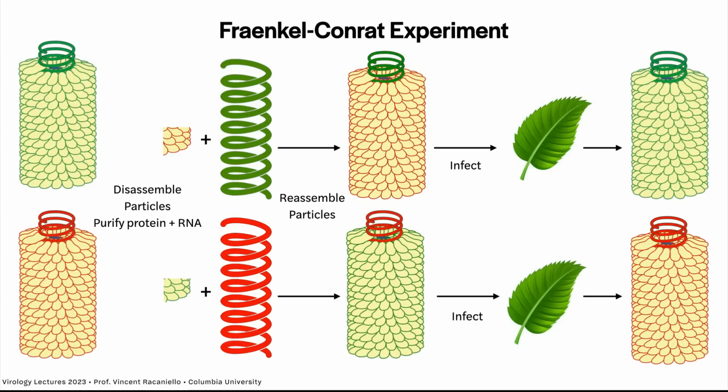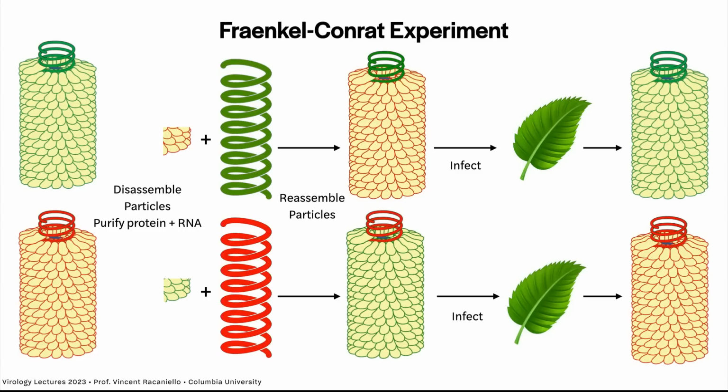And the observation is you can purify the RNA and the protein apart from each other and mix them back together, and they will make an infectious virus. So they purified the green and the red RNA and mixed the green RNA with red protein and the red RNA with green protein.